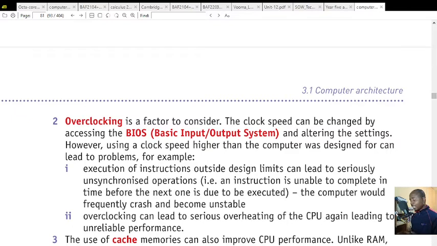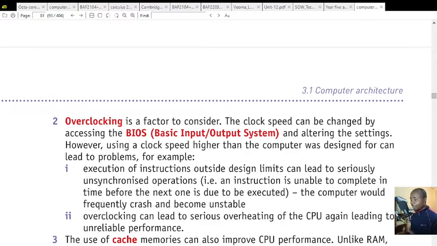So technically, the time for a CPU to reference and fetch data from RAM and use it for processing takes time. It will take a CPU quite an amount of time to access data from the RAM and make use of it. So there is what we call the cache memory.